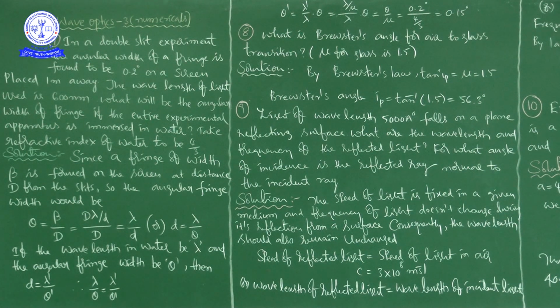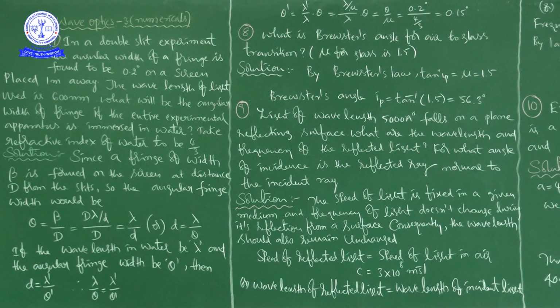In a double slit experiment, the angular width of a fringe in Young's double slit experiment is found to be 0.2 degrees on a screen placed 1 meter away.